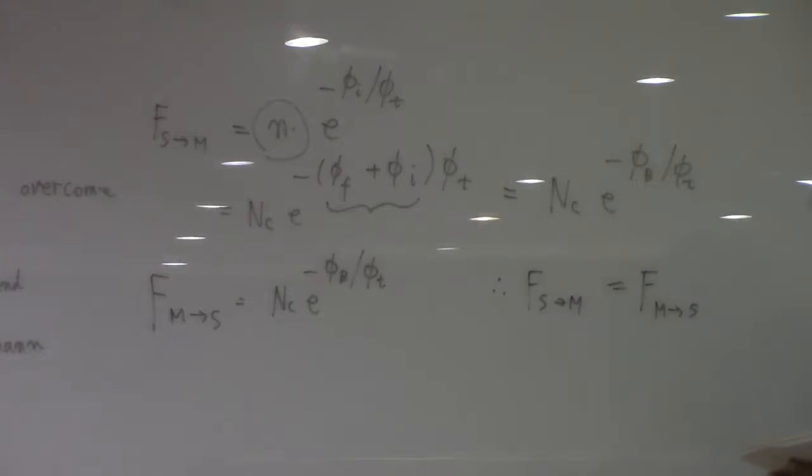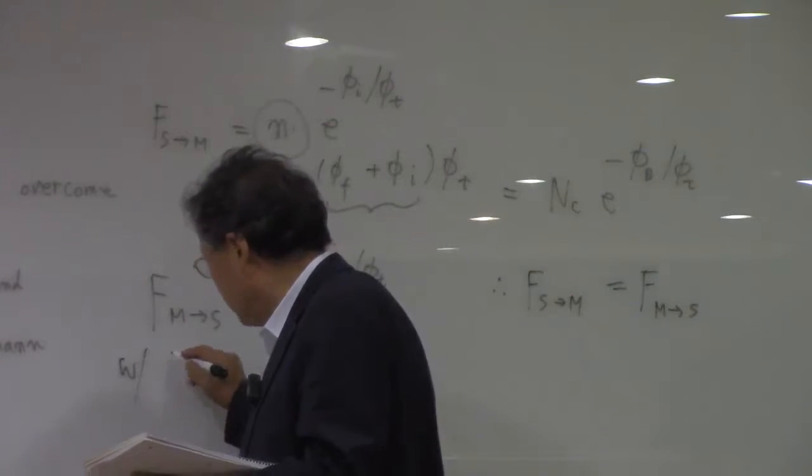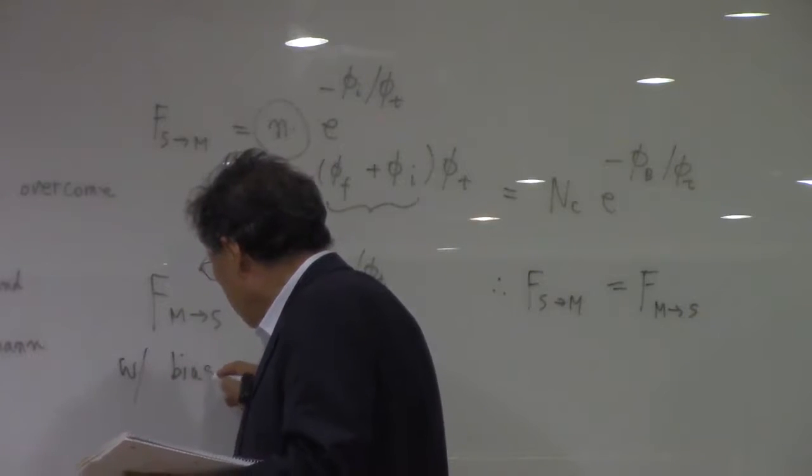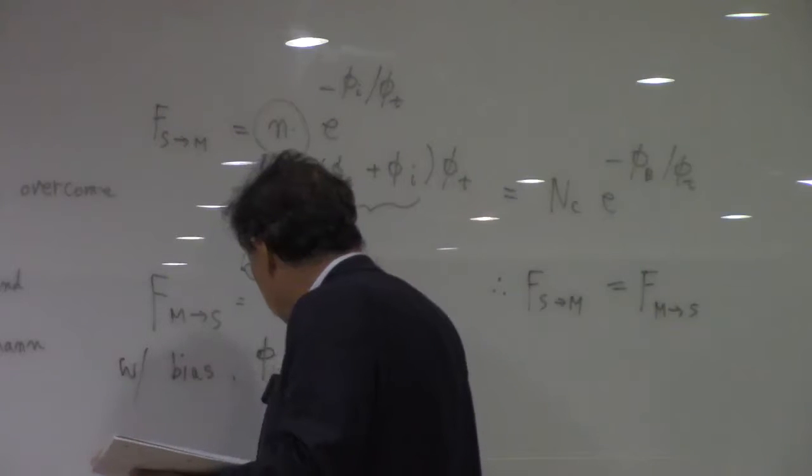That is equilibrium. Now what happens if you apply a bias? Apply the voltage phi A, okay?